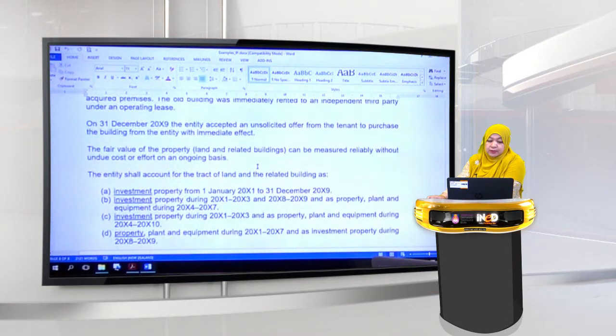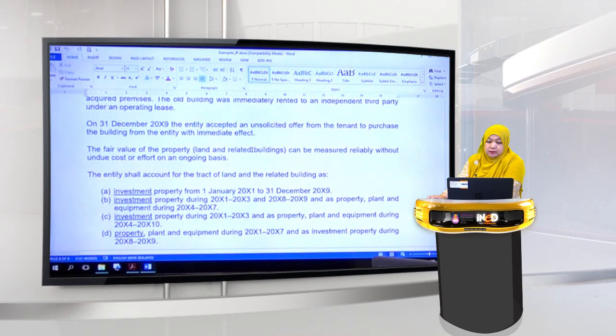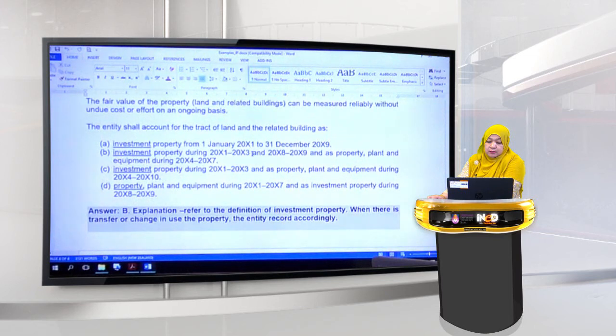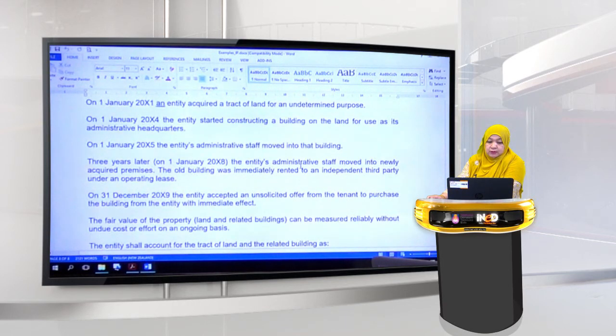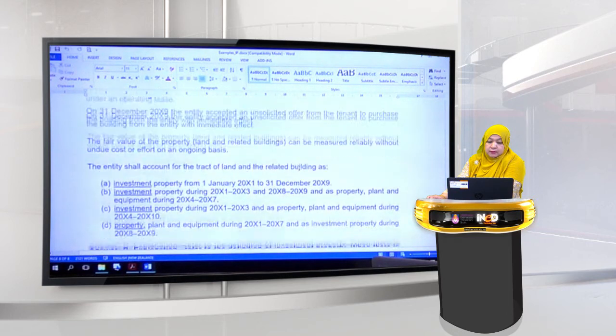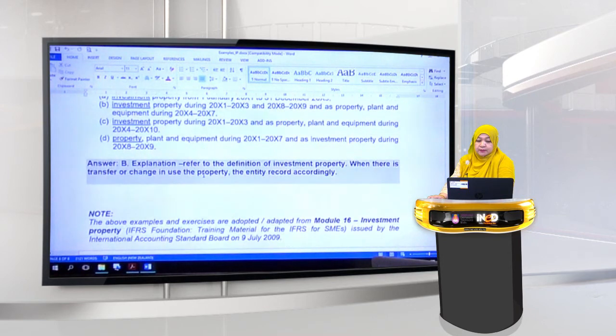And then subsequently in 20X8 and 20X9, it is classified as investment property.